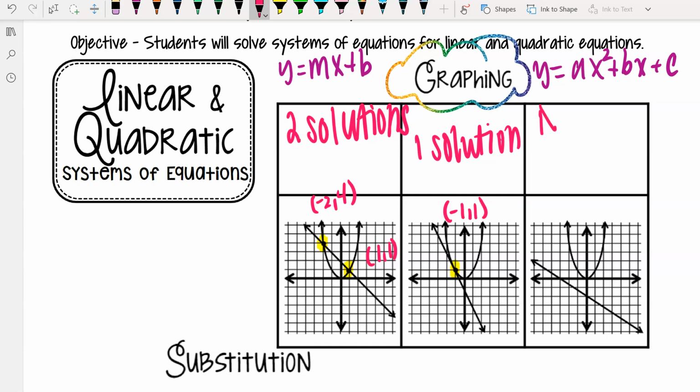Then you could also have no, or 0, solutions because they don't cross at all. If you look at the picture, the parabola is here and your line is right here, and they don't intersect, they don't cross, so you're not going to have any kind of solution. Okay, so graphing is our first method.